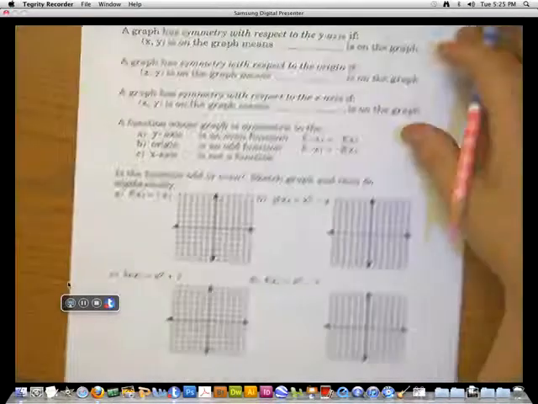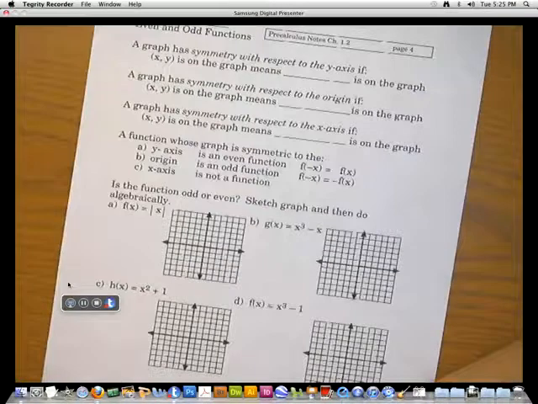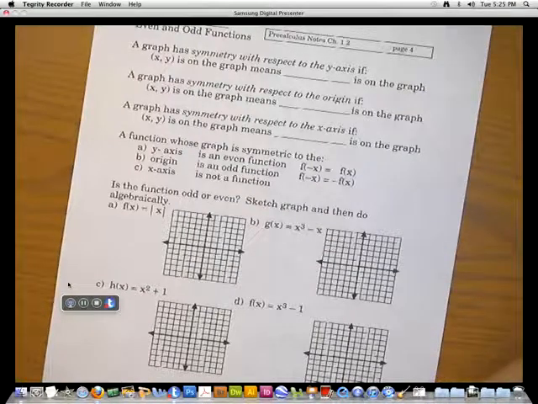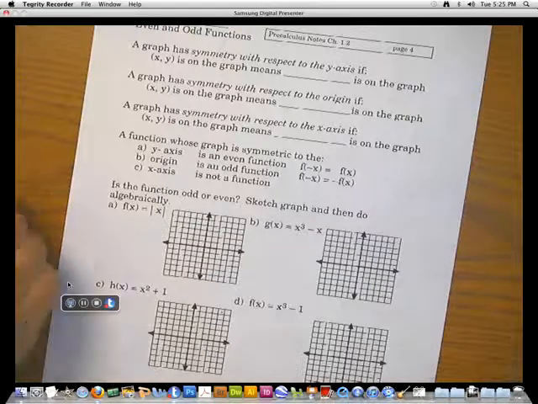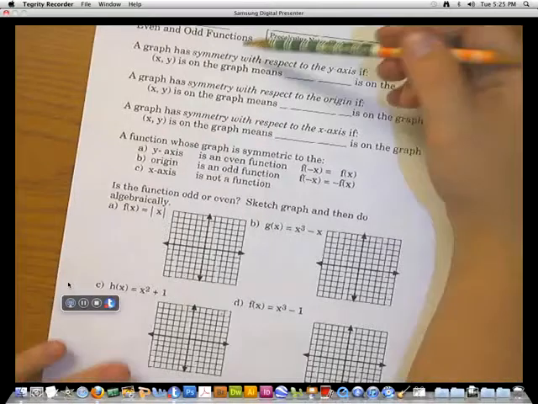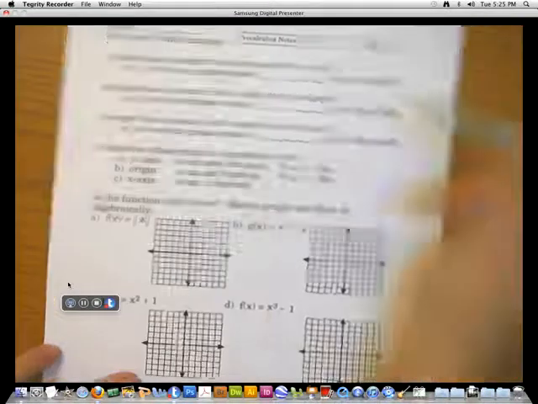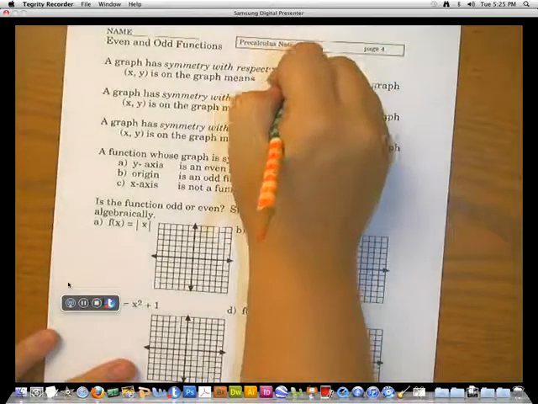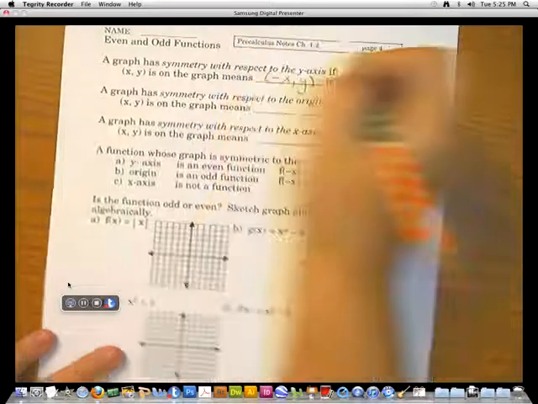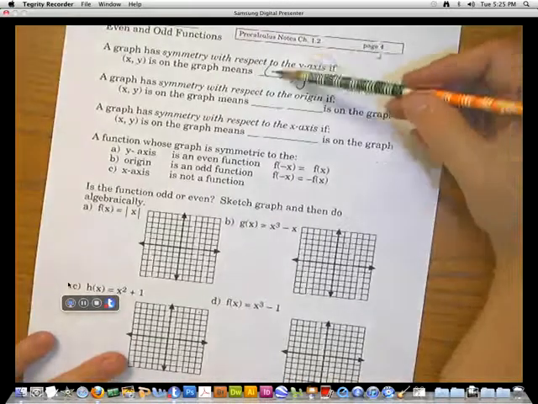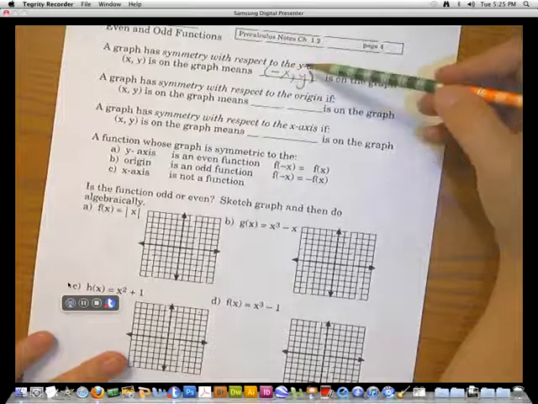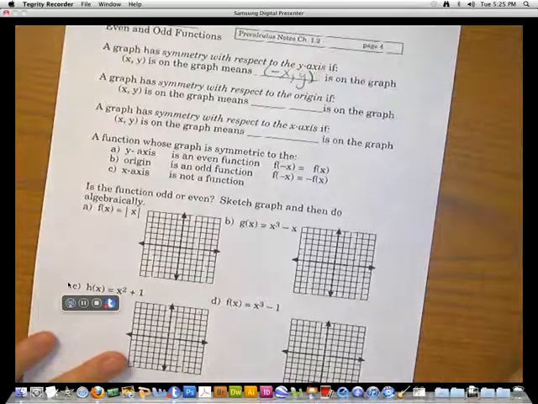Okay. On page 4, we've talked about these symmetries, and we talked about this even and odd when we talked about reflections of points back in, I think, section P1. Even: if it is symmetric with the y-axis, then we say that the graph has an opposite x value and the same y value.